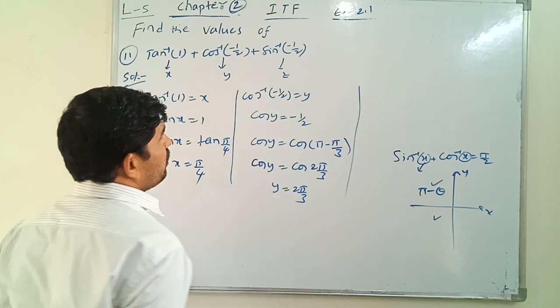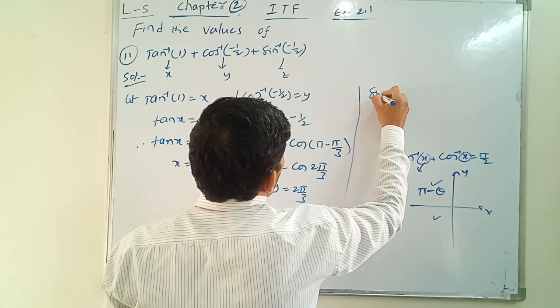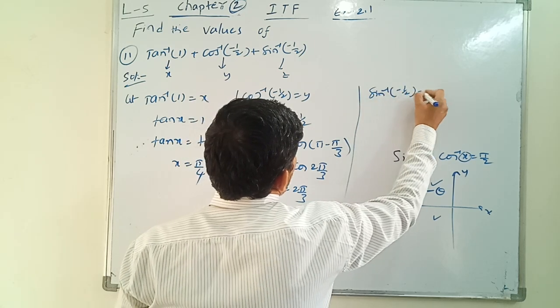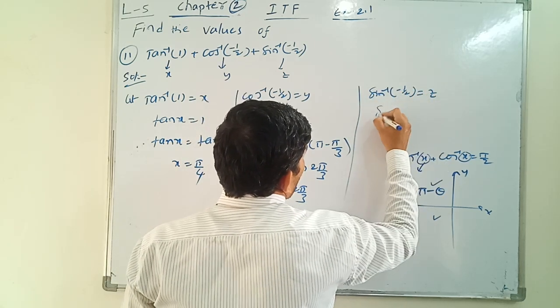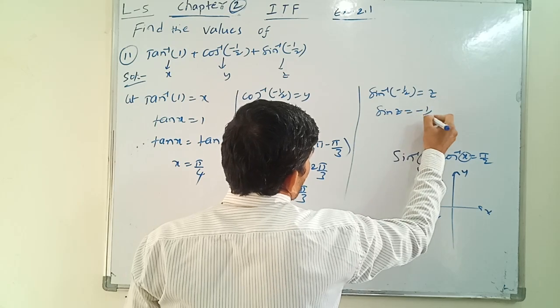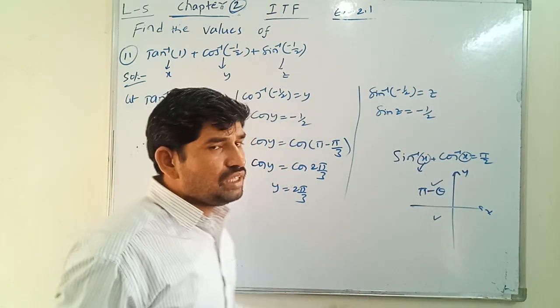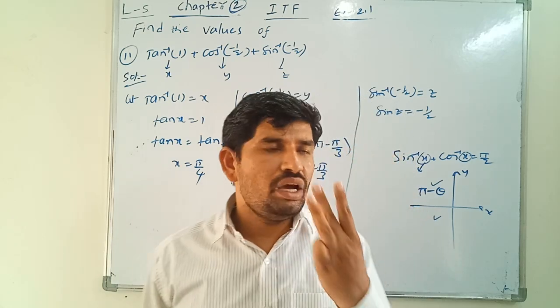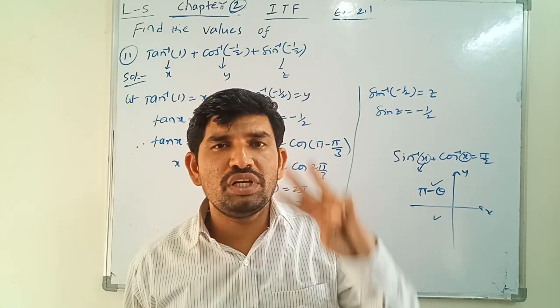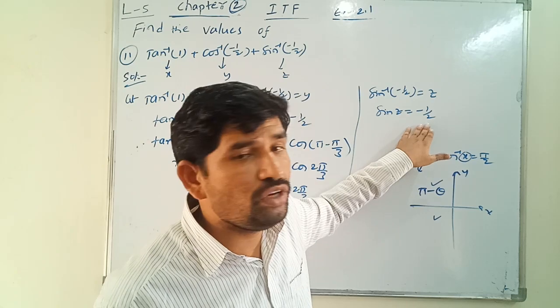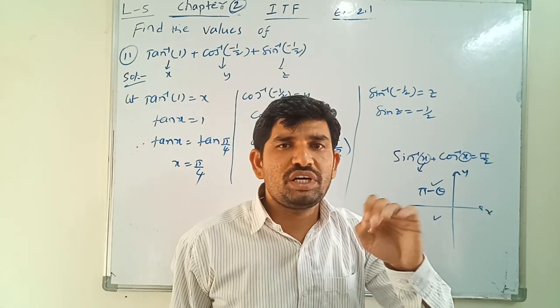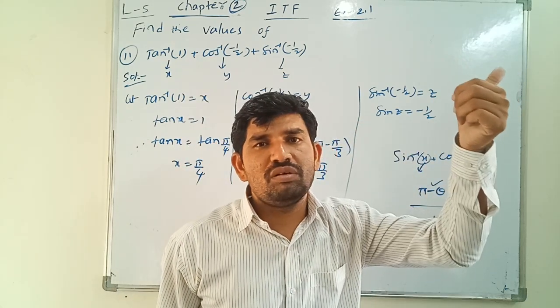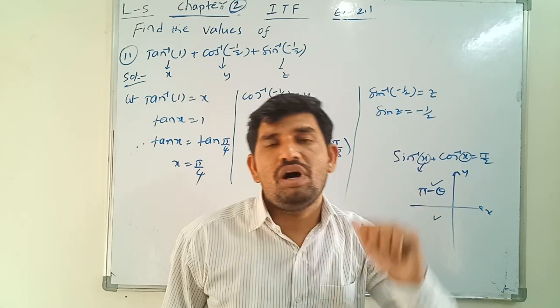Yes or no? So the y value is 2 pi by 3. Now immediately we take the last one, that is sin inverse of minus 1 by 2 is equal to z. So from this sin z is equal to minus 1 by 2. Yes. So sin is negative. If sin, tan, cosec, these three trigonometric functions have negative values, no need to get confused, because the range of the inverse trigonometric function includes negative angles also.